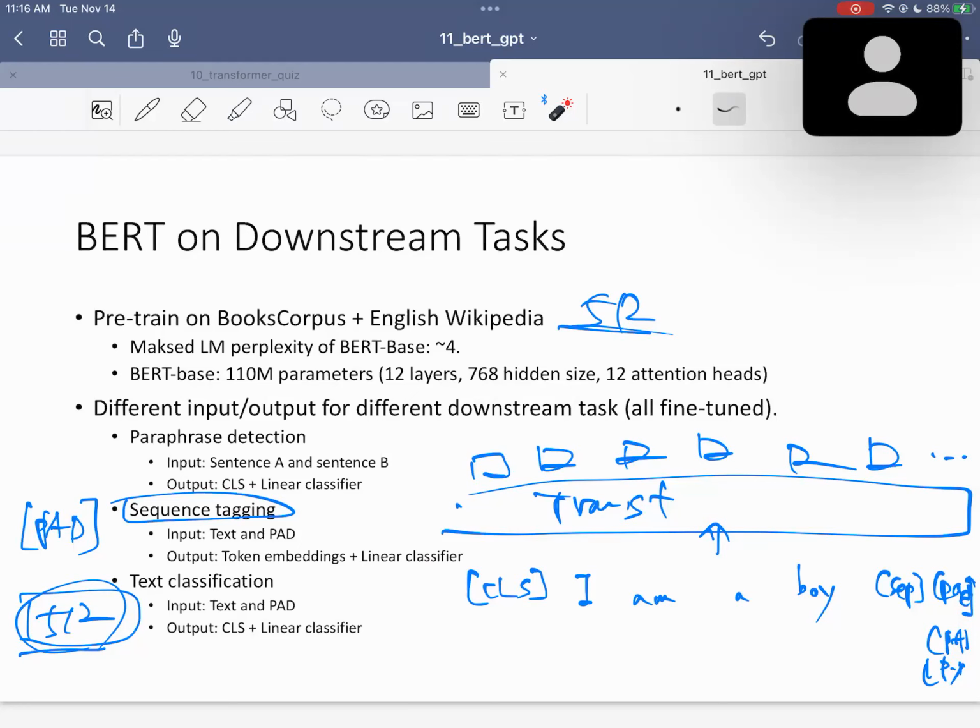They give you the keys, values, and queries, and that's all you need to attend to other tokens in the sequence. The number of weights you need in transformer has nothing to do with how long the sequence is. The reason we can't use longer sequences is the quadratic increase in VRAM usage.